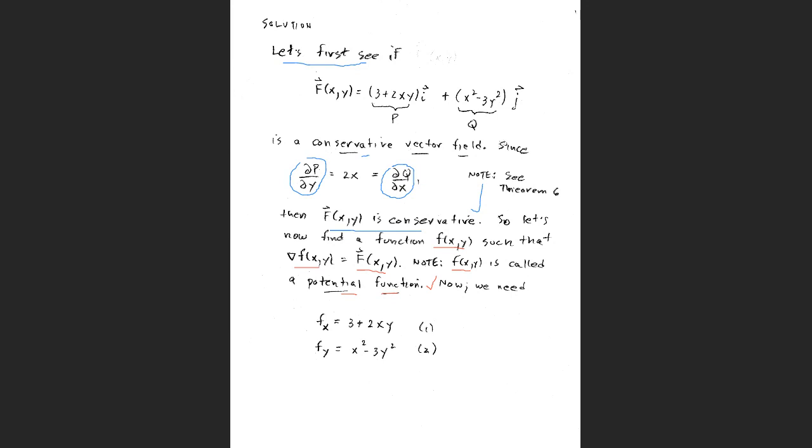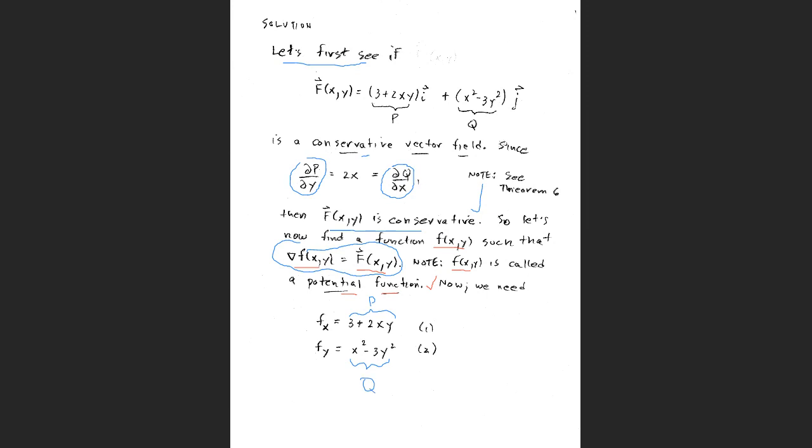Okay, so how are we going to find this potential function? Well, here's what we do. Let's remember what potential function means, right? Potential function means that the gradient of the function is equal to the vector field. The vector field has components p and q.